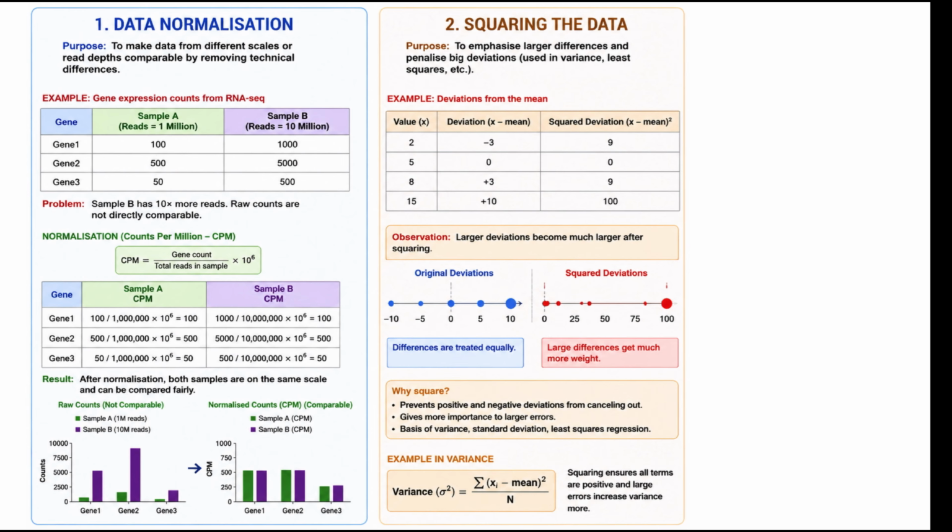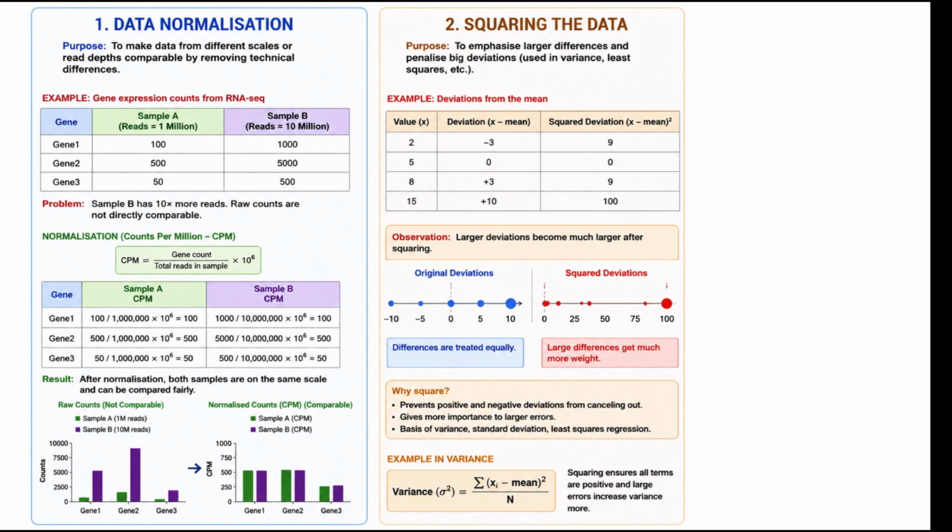For example, for gene A the reads are 500, and for the same gene in another sample there are 5,000. Before analyzing this data, these values may be log transformed so that the data becomes normal for analysis.